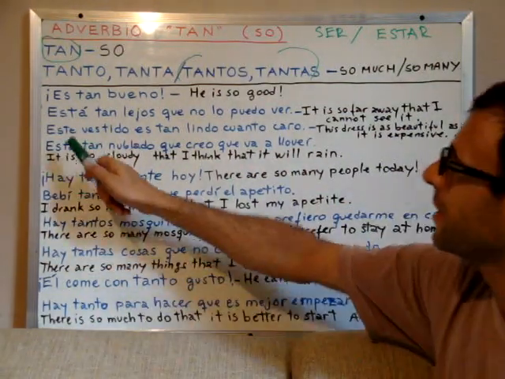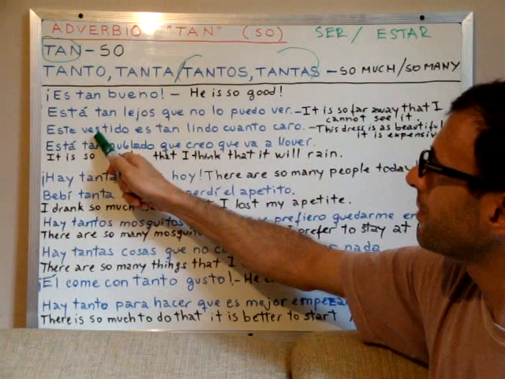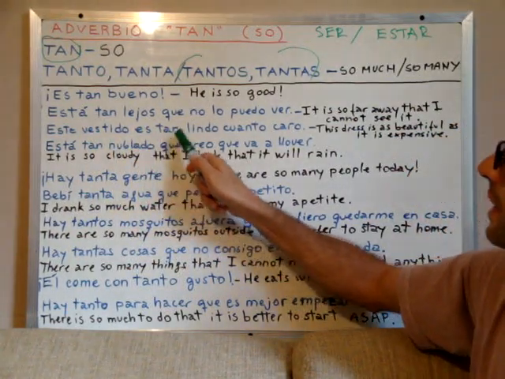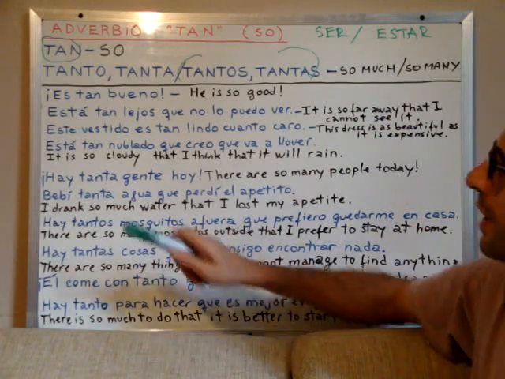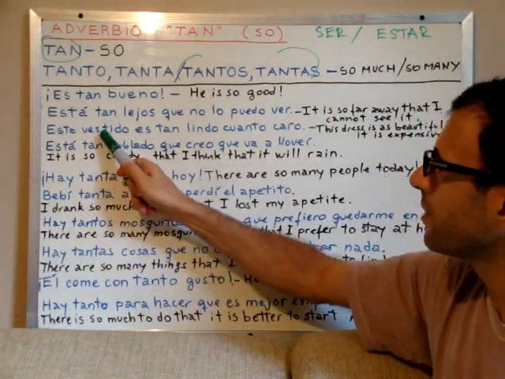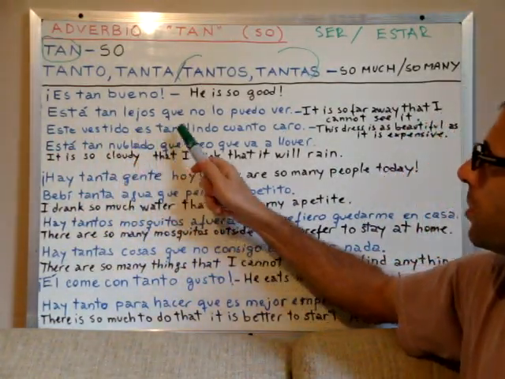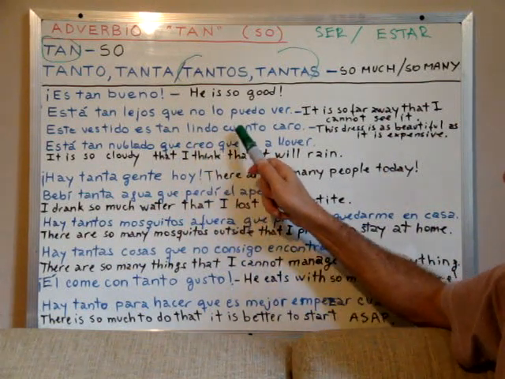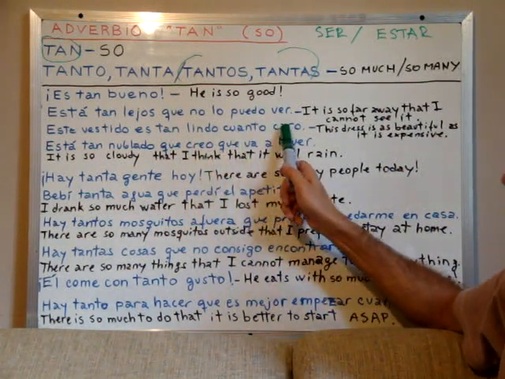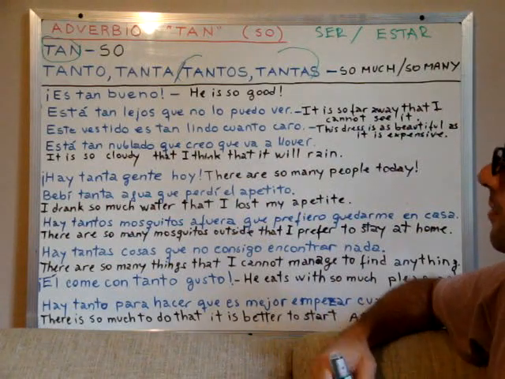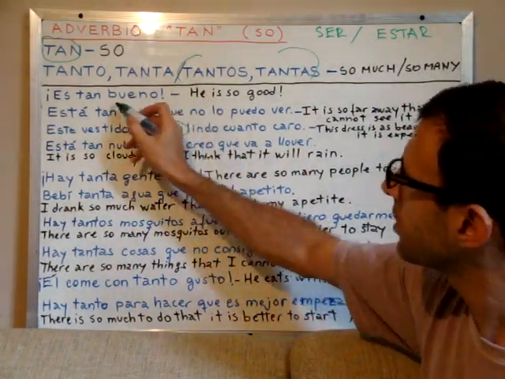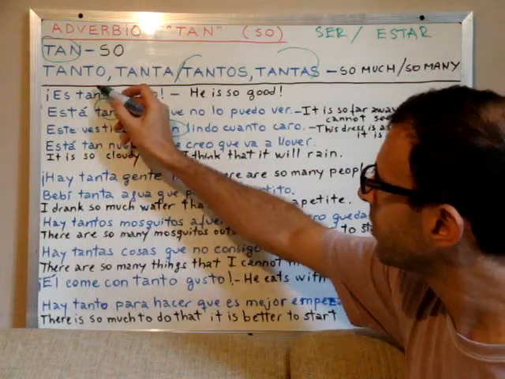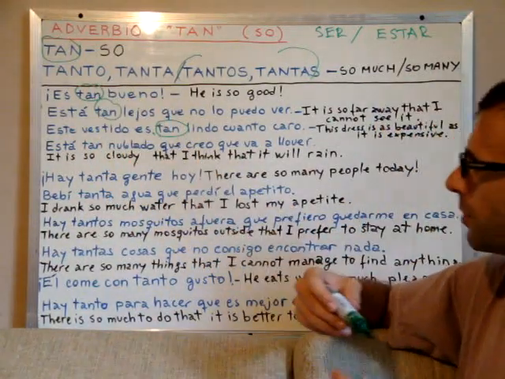Next example. Este vestido es tan lindo cuanto caro. This dress is so beautiful as it is expensive, right? These are different examples using the adverb tan, which means so, right?